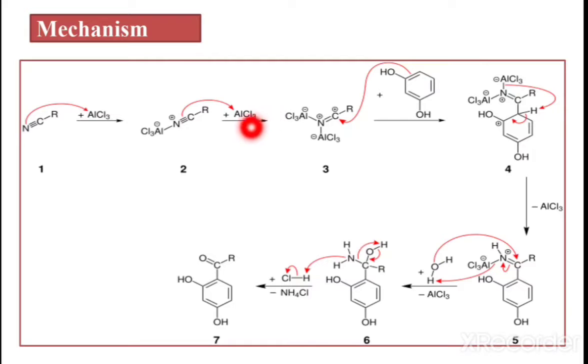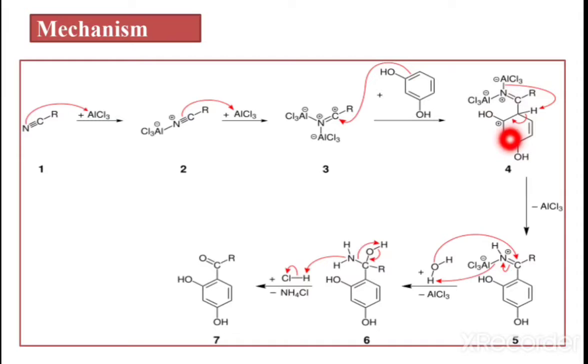Then again further addition of a second mole of AlCl3, and we get an adduct, which is nothing but the electrophile. We call it the electrophile. Now the reactant, resorcinol, attacks on this carbon, then the bond delocalizes, and we get the formation of this adduct.